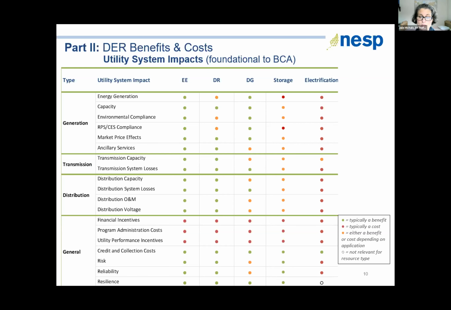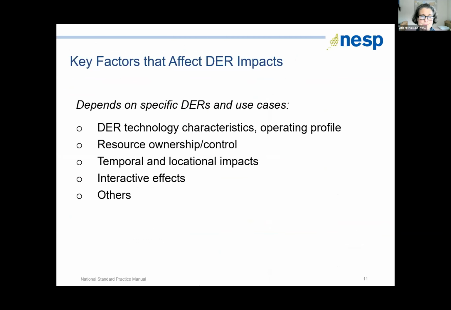And there is a cross-cutting chapter that addresses some of those factors. And then there are discrete DER chapters that go into more depth about why these different DERs have impacts, and the factors that may affect those impacts.